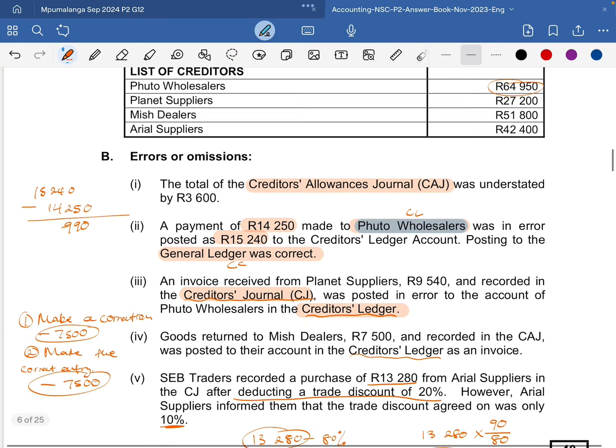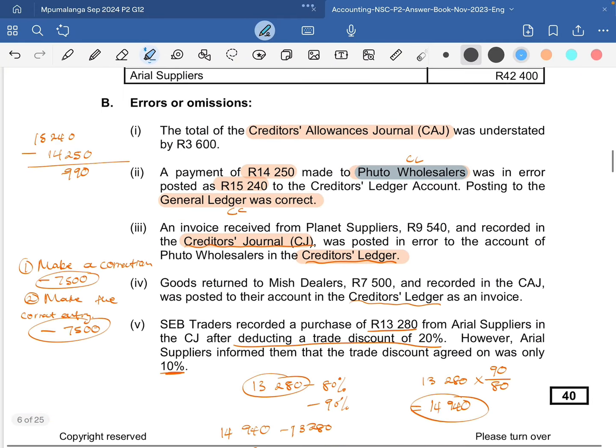Okay, so there's actually this one on the third one where we didn't have any adjustment. So it says an invoice received from Planet Suppliers, 9,540, and recorded in the creditors journal was posted in error to the account of Puto Wholesalers. Remember what we did there?